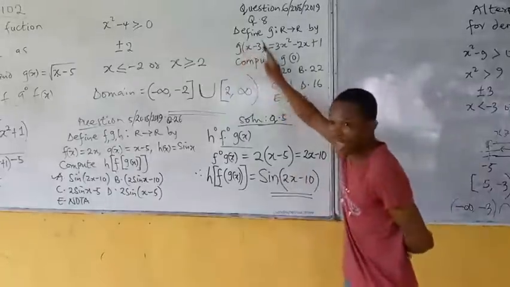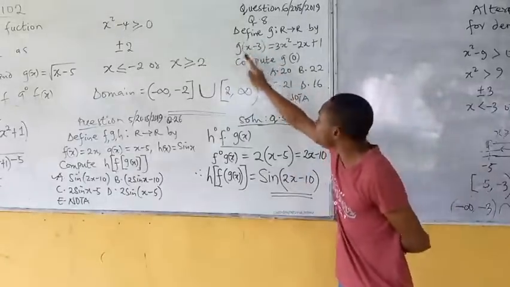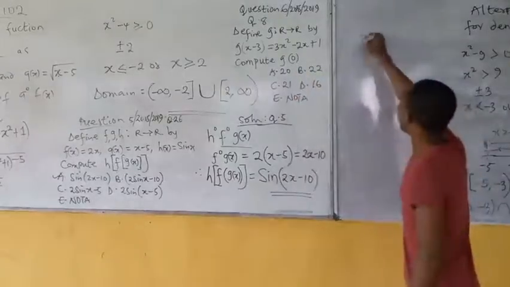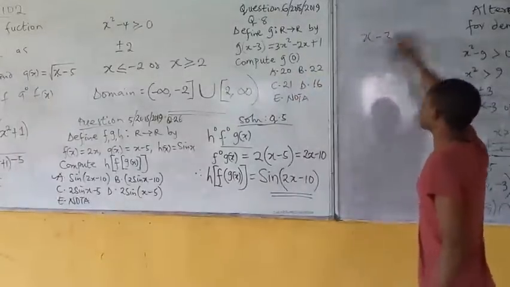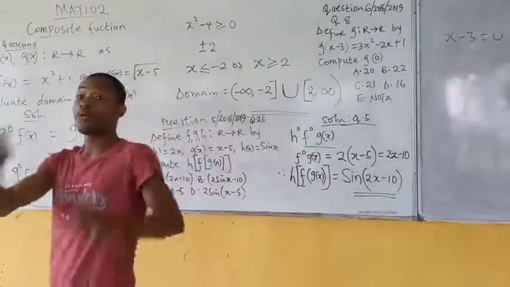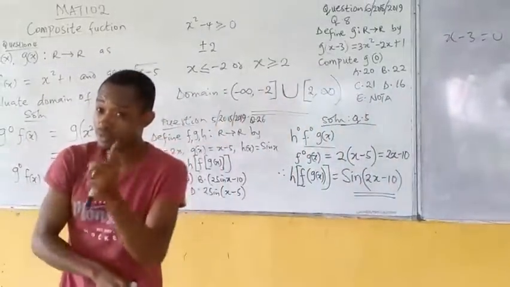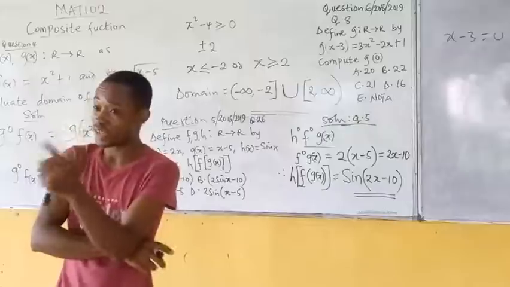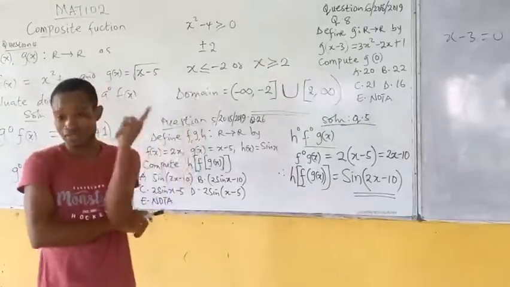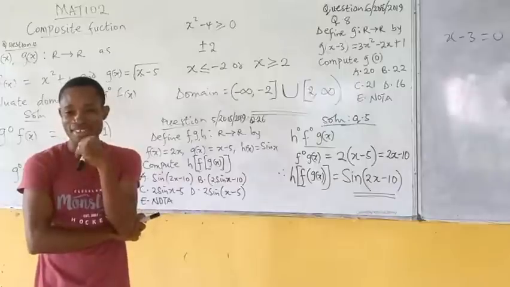Come to this guy, x minus 3. Wherever you see x minus 3, fix what? Now, if that is the case, we can actually say x minus 3 will be equal to what? Because we are replacing x minus 3 with what? 0. From there, get the value of what? And after getting the value of x, I think your problem is solved. Go to that function and then fix that value of x. That's how you handle it.